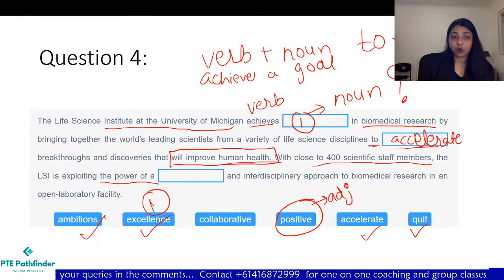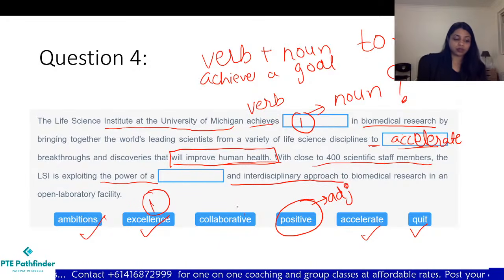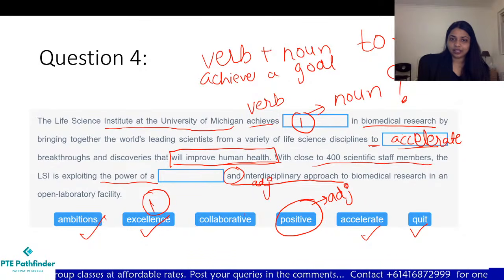So the power of a dash and interdisciplinary approach. So we again have the word and, and after the word and we have another adjective, and that's followed by a noun. So probably in this case we also need an adjective.